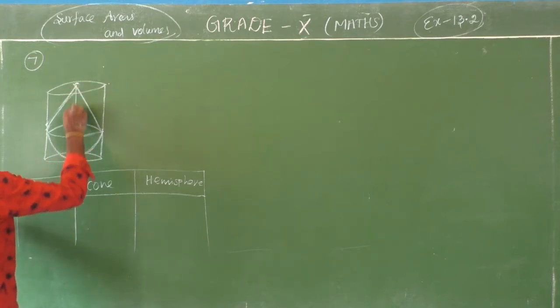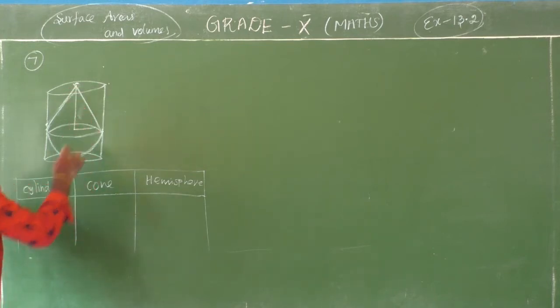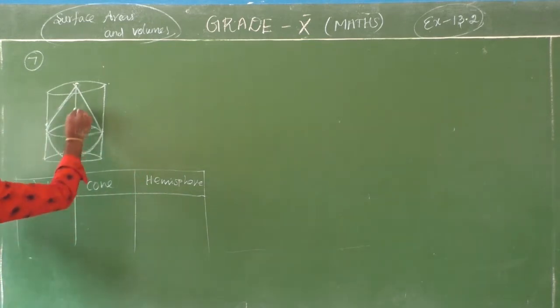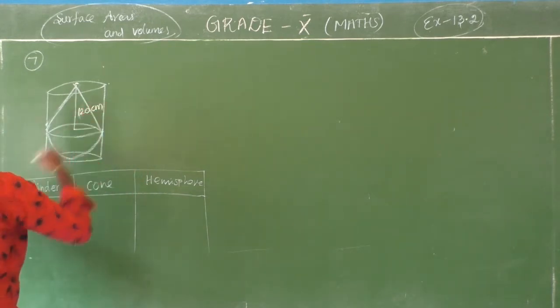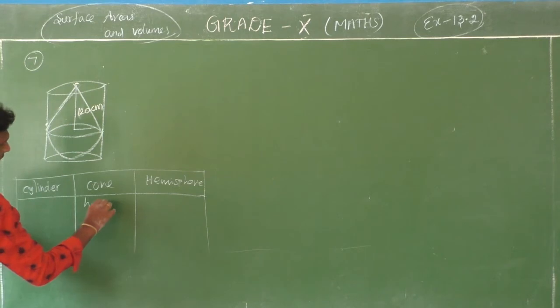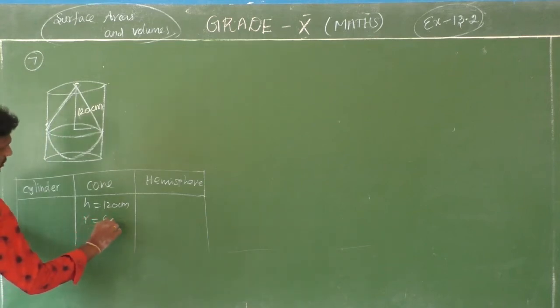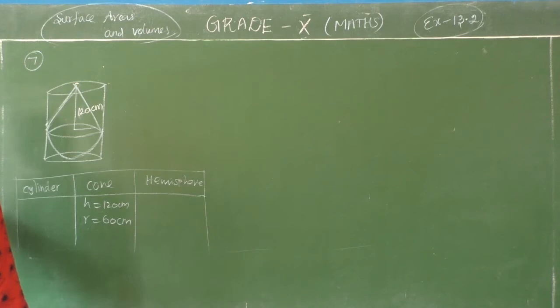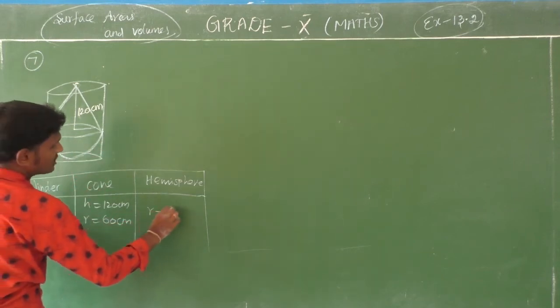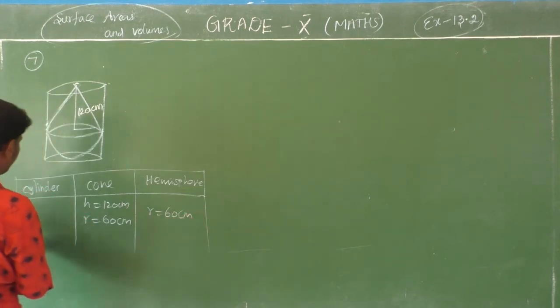Now height of the cone is 120 centimeter. And next, base radius you have 60 centimeter. Radius equal to 60 centimeter. It is standing on the hemisphere, so that radius is also the same 60 centimeter.